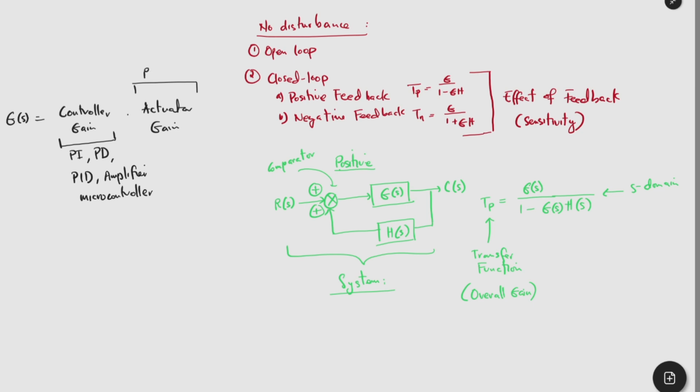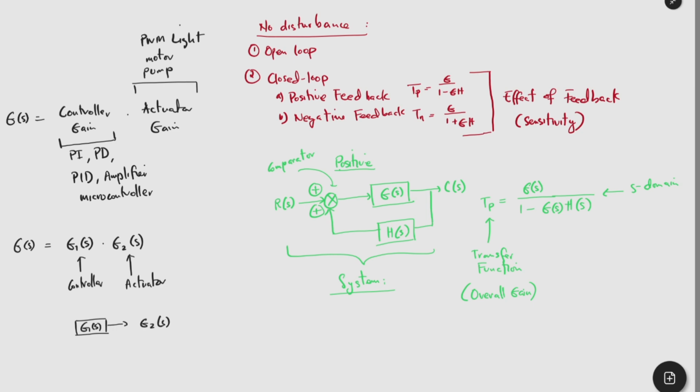And an actuator can be devices such as a pump, a motor, a PWM, light, and so forth. We can describe G of S as equivalent to, let's say, G1 of S times G2 of S, where G1 of S represents the controller gain and G2 of S represents the actuator or the plant gain.